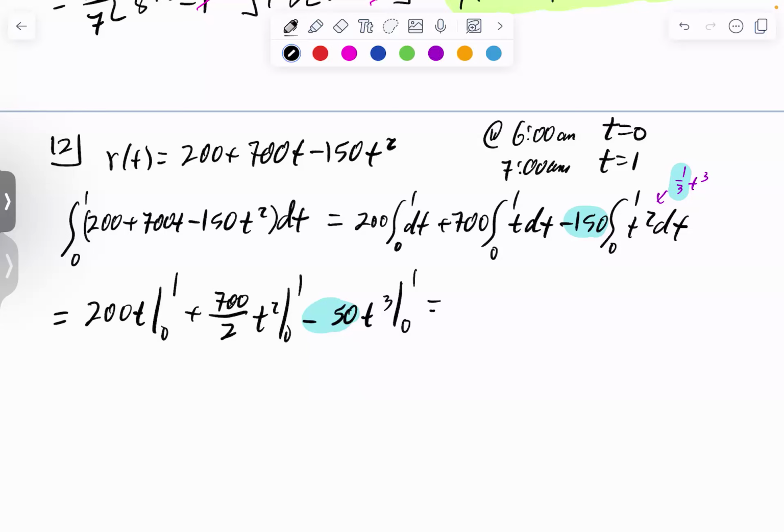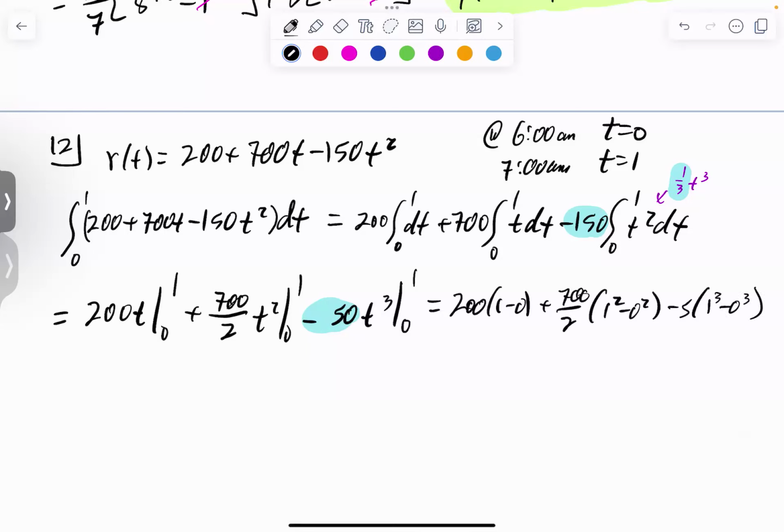And evaluating this from 0 to 1, this is going to be 200 times (1 minus 0), plus 700 over 2 times (1 squared minus 0 squared), minus 50 times (1 cubed minus 0 cubed). And of course, 1 to any power is 1, 0 to any power is 0. So this just ends up being 200 plus 700 over 2 minus 50.